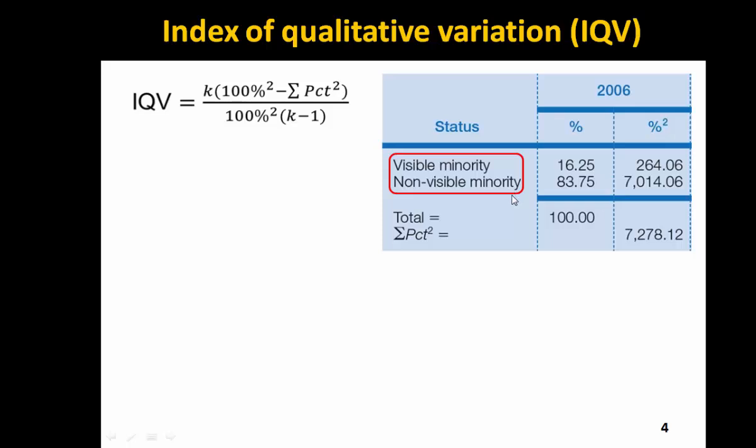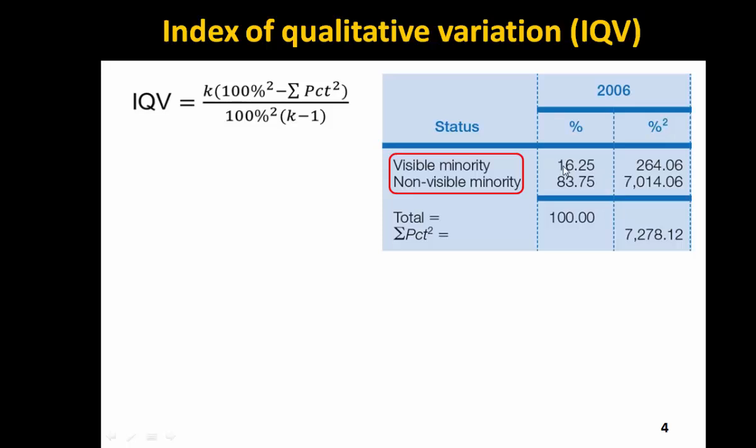What is not illustrated on this table is the actual raw numbers within each. So you can imagine here that we first have to calculate the raw numbers, the n. From that, we can calculate the percent respective to each of the two categories in our dichotomous variable. So in this table, we have the percent.